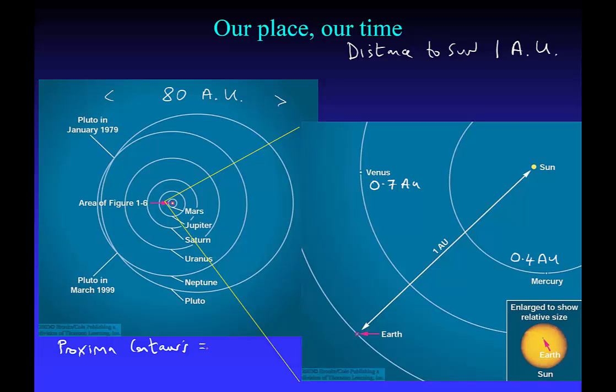The sun is 1 astronomical unit away from us, and Proxima Centauri is roughly 271,936 astronomical units away. That's crazy in terms of the distance to the sun. So the next nearest star is more than 250,000 times further away than the sun is.